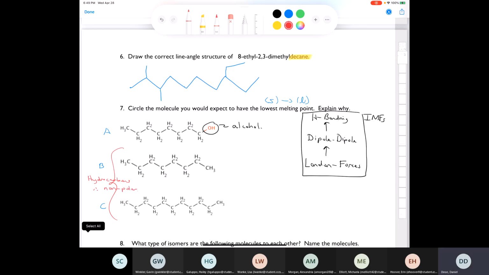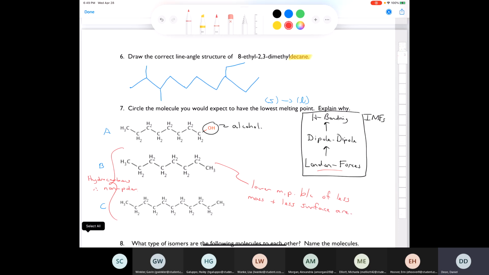If they're non-polar, the only type of intermolecular forces that either of these molecules is going to experience will be London forces. But this molecule, B, is going to have a lower melting point because it has less mass and less surface area associated with it.